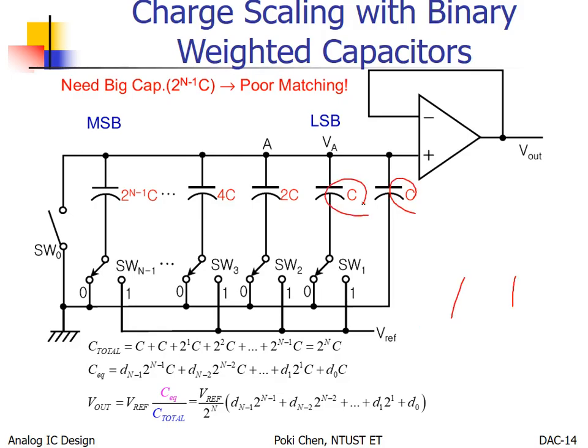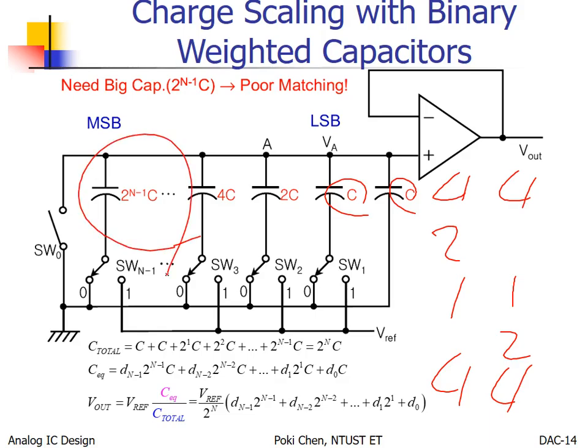I mean this one, that one, and then how about 2C? How about 4C? Blah blah blah. Okay. Anyway, but for MSB bits, actually, they need to be split into 2 halves. For example, if you have n equals 7, and here 2 to 6 power.